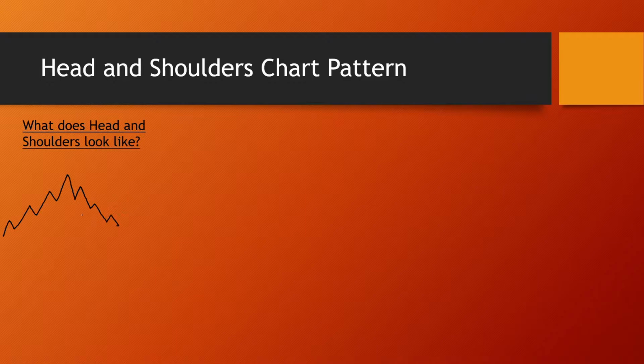As a whole, it kind of just looks like it's going up and then down, so nothing too crazy. But head and shoulders is right here actually. You've got your left shoulder here, your right shoulder here, and your head. So it kind of looks like a head and two shoulders. And I'm going to quickly show you guys what that might look like on a graph.